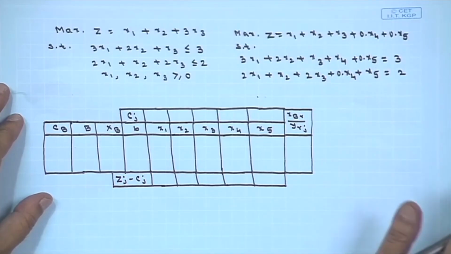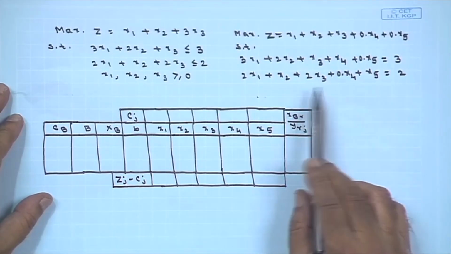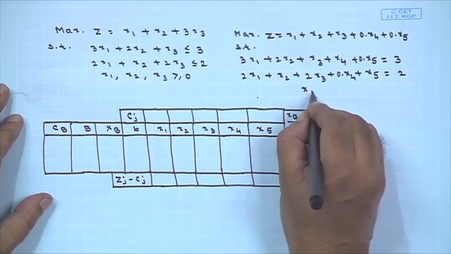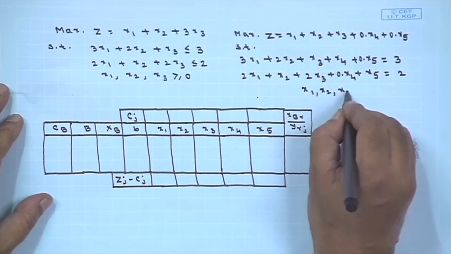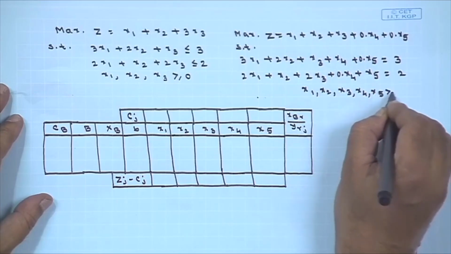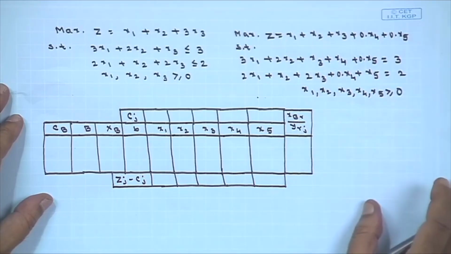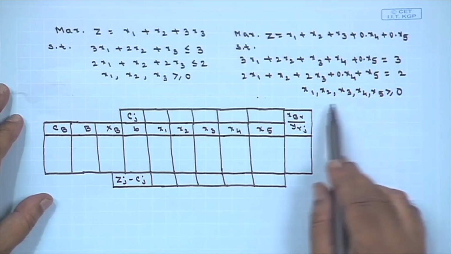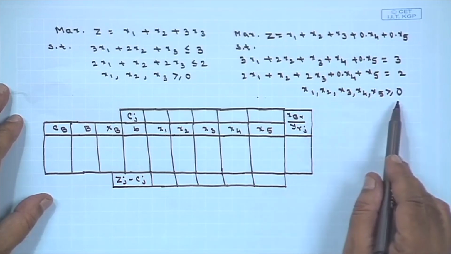Of course, x1, x2, x3, x4 and x5 are all greater than or equal to 0.